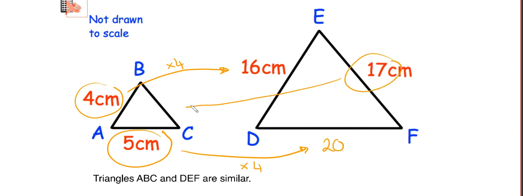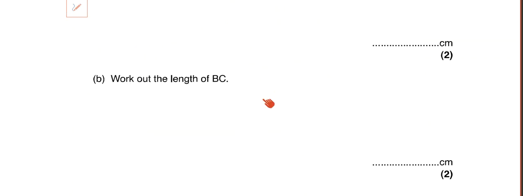This side would be 70 divided by 4, and I'm going to leave it like that because I'm not allowed a calculator. So I'm going to leave it as a fraction. It's 4 1/4, which is 4.25. It's not hard to do, but I'm going to leave it like that. Okay? All right.